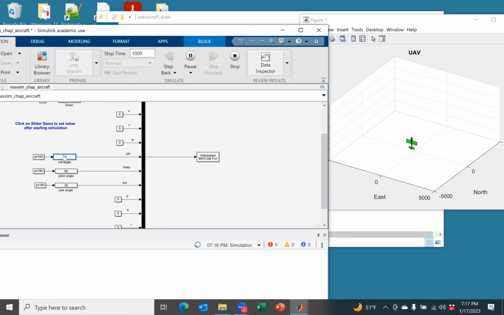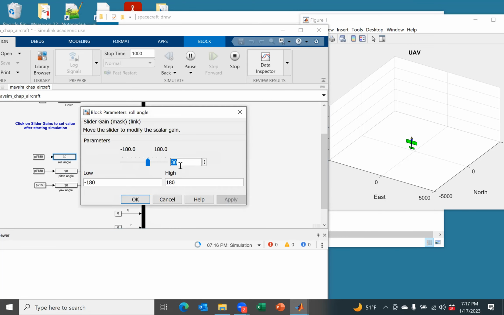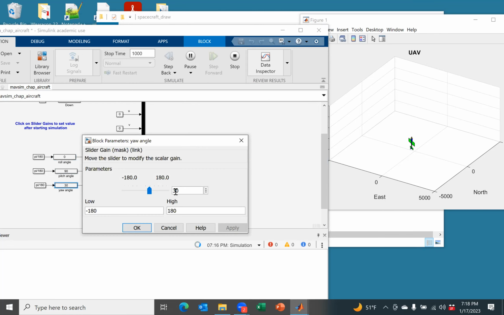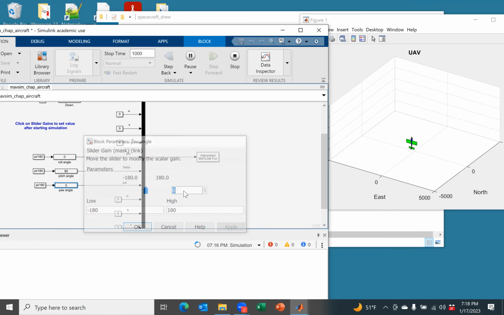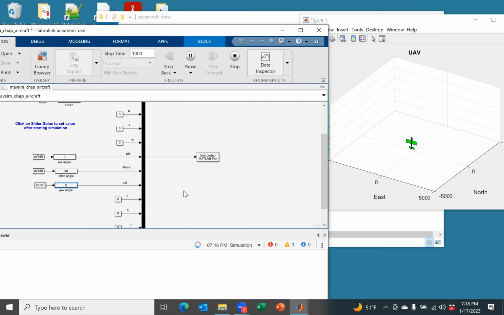Now let me start with roll angle equal to 0 and yaw angle equal to 0. Let's recap. When the aircraft was pitched 50 degrees, I gave a non-zero roll and a non-zero yaw. The aircraft rolled and yawed. Do you agree with me?